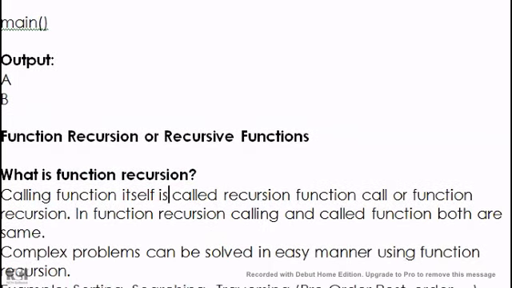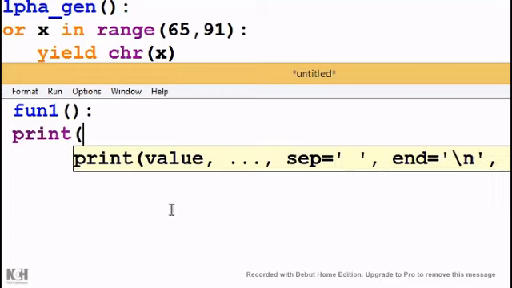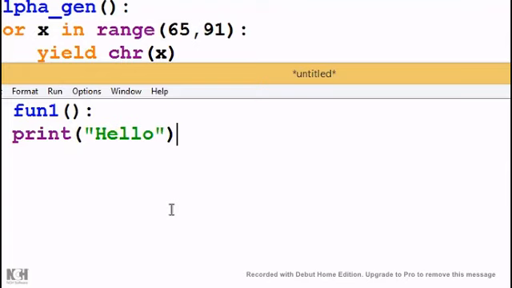For example, see here, I'm defining function one. Then I print one message, and the message I print here is hello. After printing the message hello, again I'm calling function one.